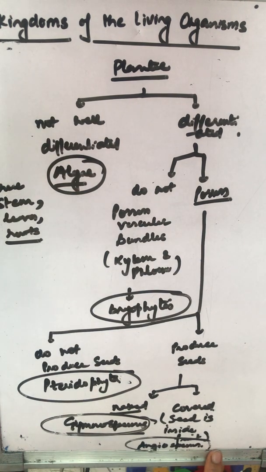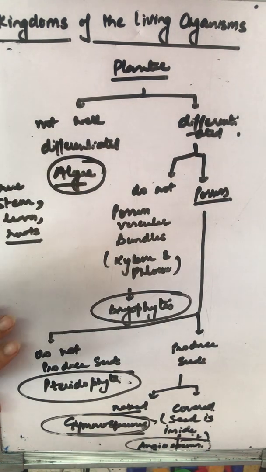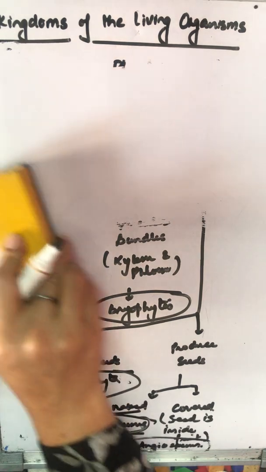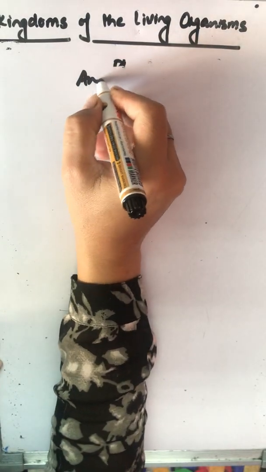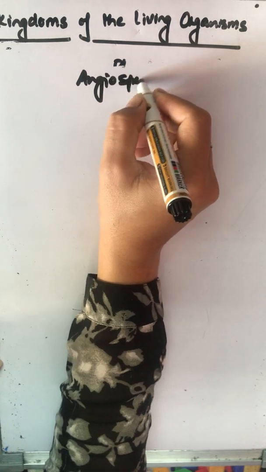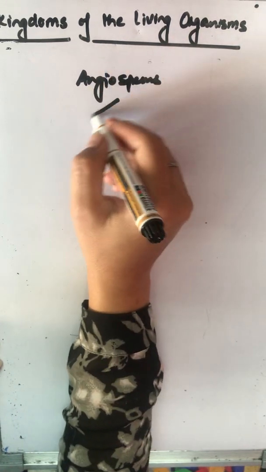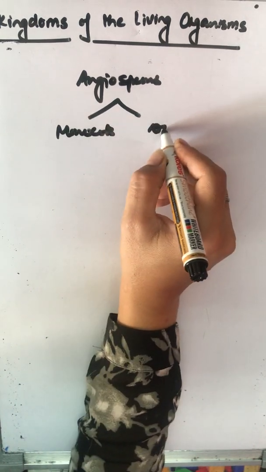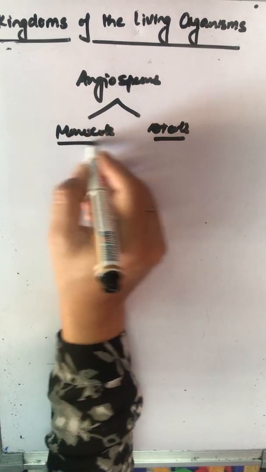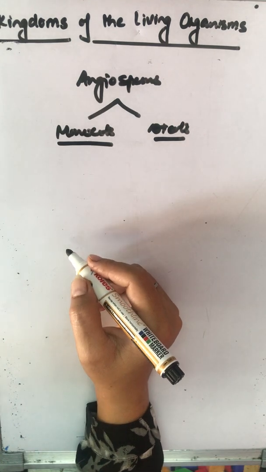This is a different example. So angiosperms are blessed to have flowers. Then we divide angiosperms into dicots and monocots. We say angiosperms are further divided into monocots and dicots, right?